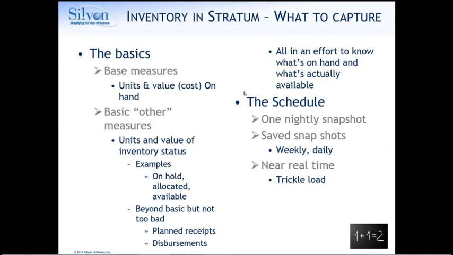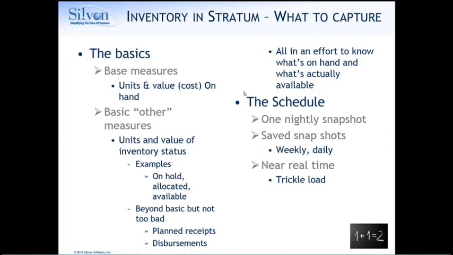Maybe it's already allocated, and maybe there's a number that's available. You need to decide in your inventory system whether you have different inventory statuses that you want to collect that inventory by. So it's the same concept as capturing the information for units and value, although maybe you're going to capture it by different statuses as well.